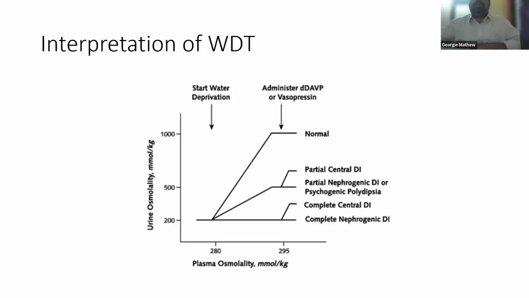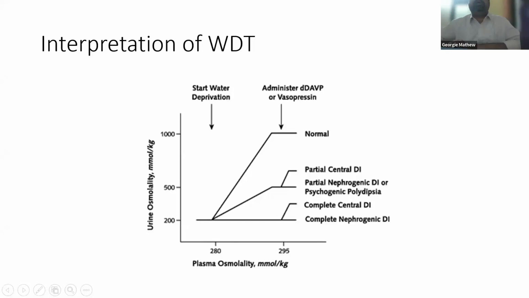If you start water deprivation, usually at the lower serum osmolarity range in primary polydipsia, the urinary concentration rises significantly, even without any vasopressin. In patients with diabetes insipidus, the urine osmolality remains constant despite significant dehydration.